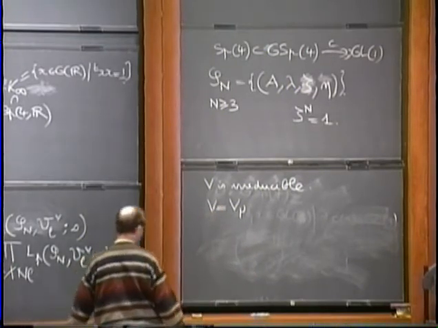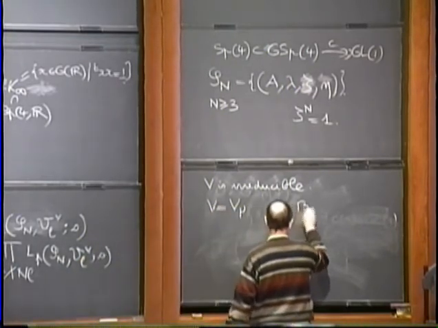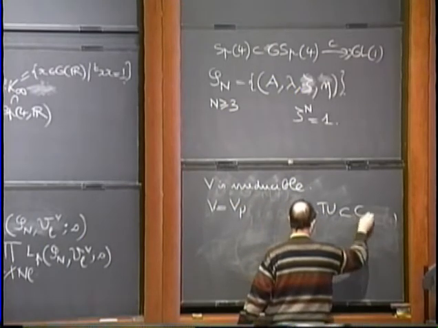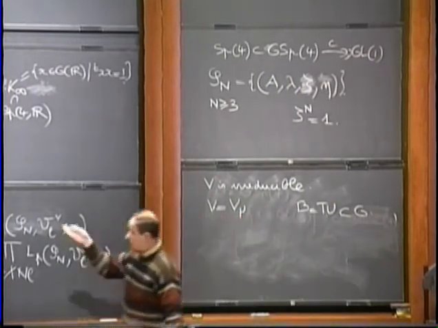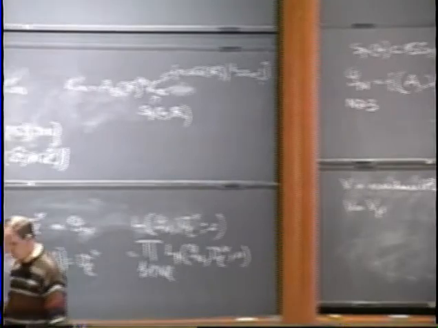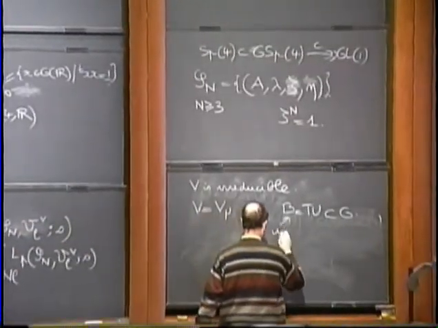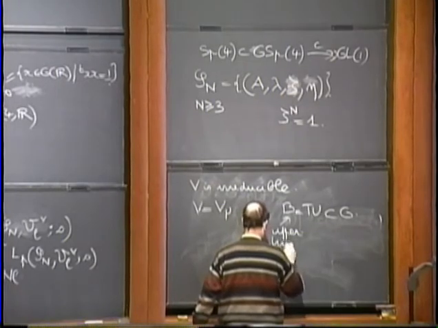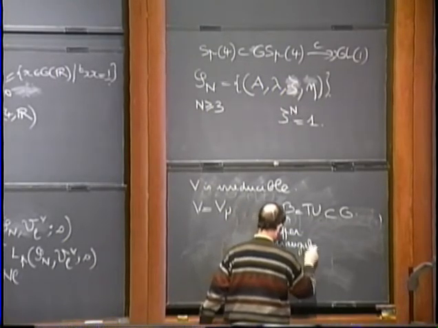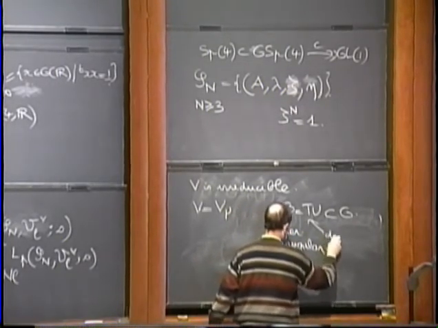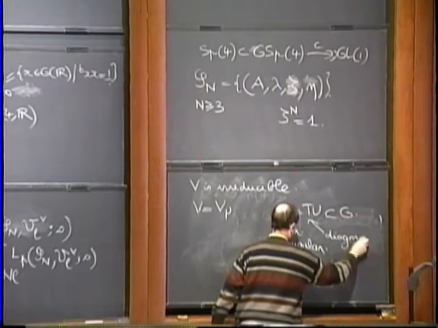So I have fixed a Borel subgroup in G. Obviously here we can take simply the Borel subgroup of upper triangular matrices and the maximal torus, which is the diagonal matrices.